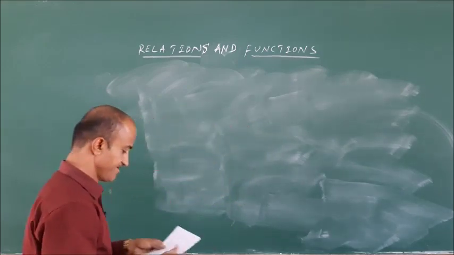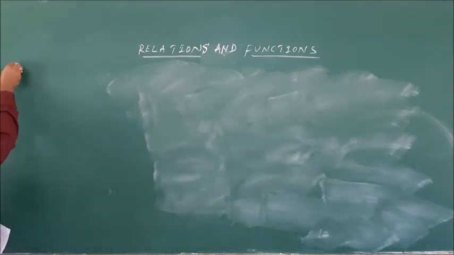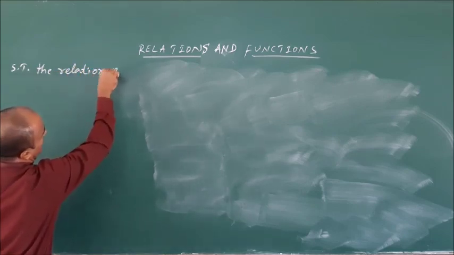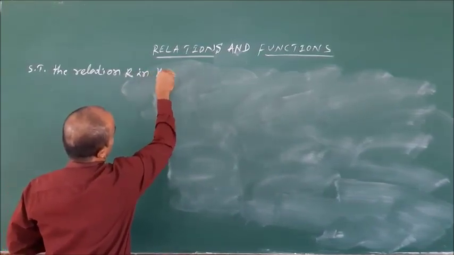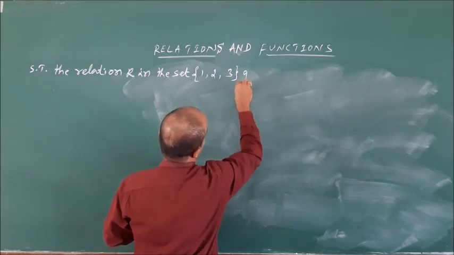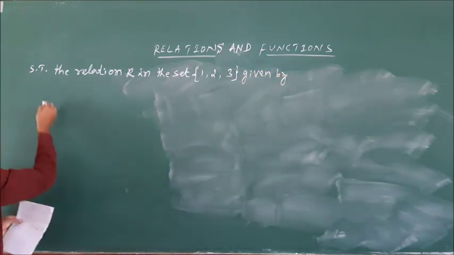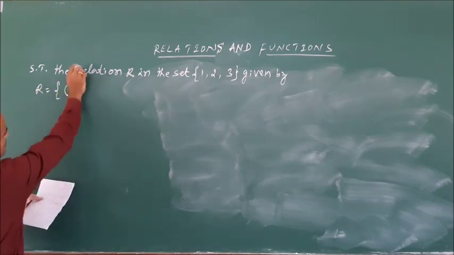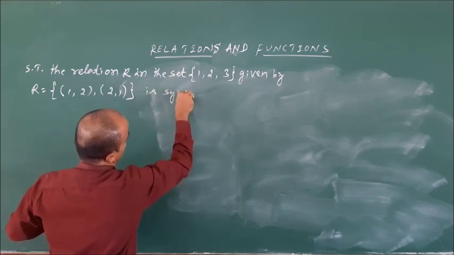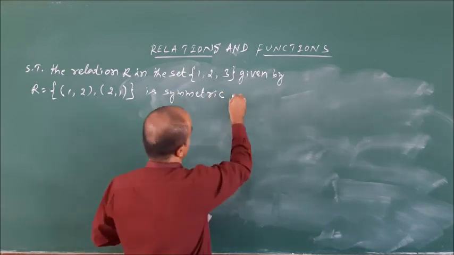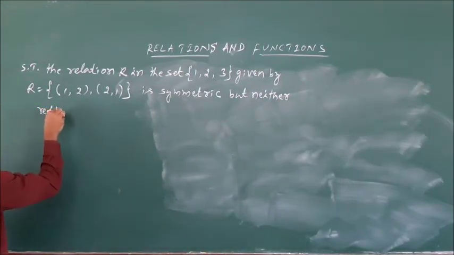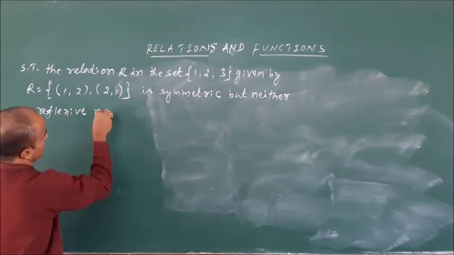Yes, here is a problem. See, show that the relation R in the set {1, 2, 3} given by R equals the set of all ordered pairs (1, 2), (2, 1) is symmetric but neither reflexive nor transitive.